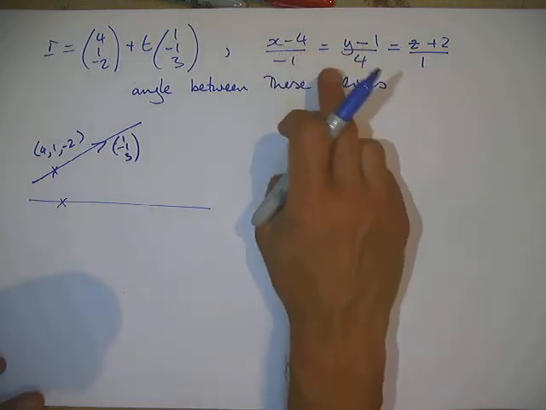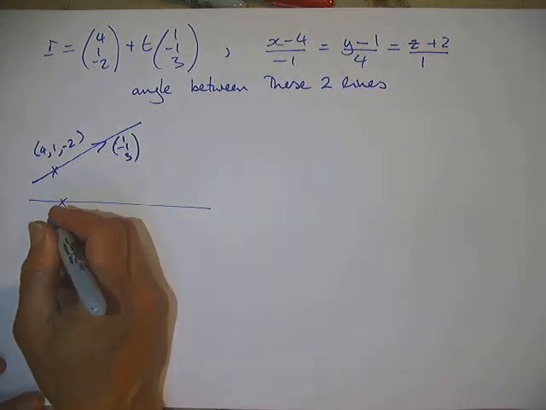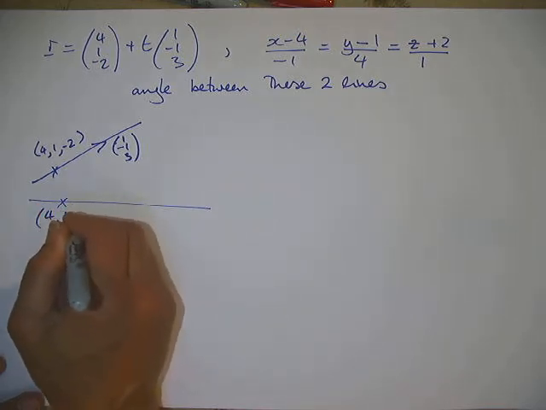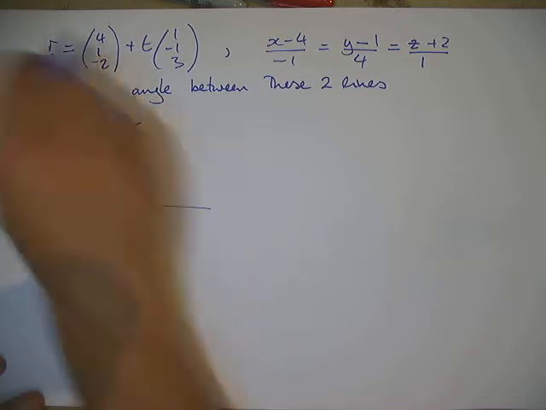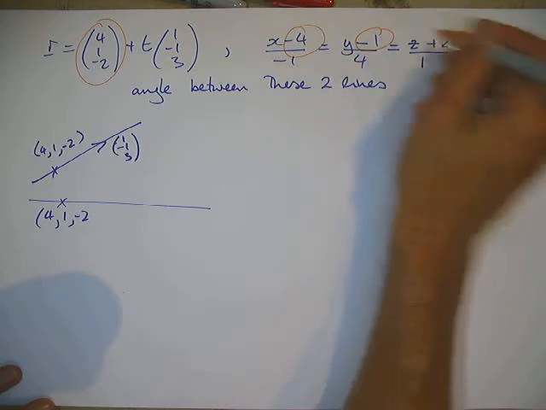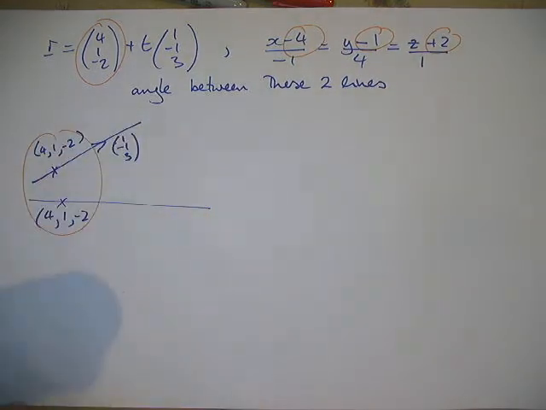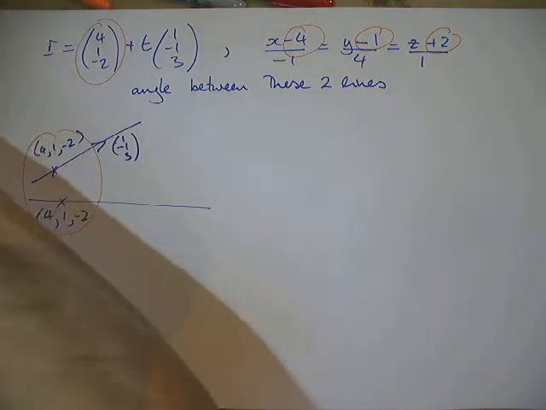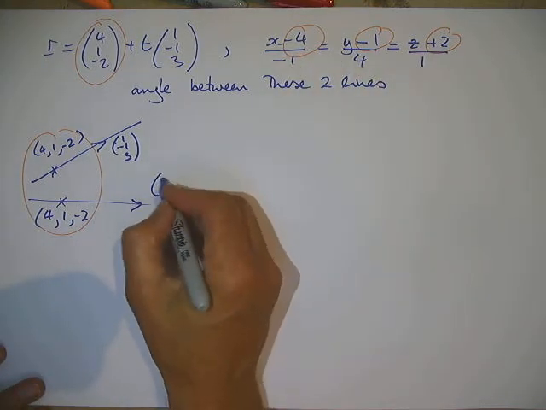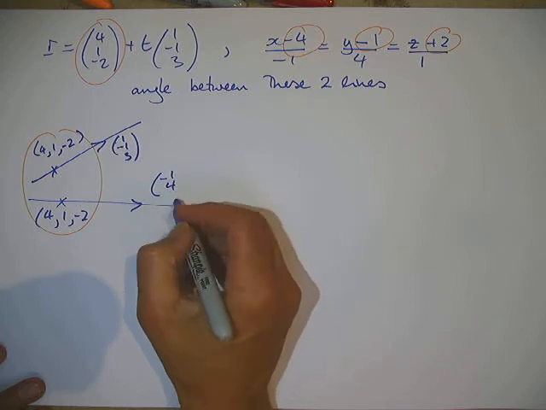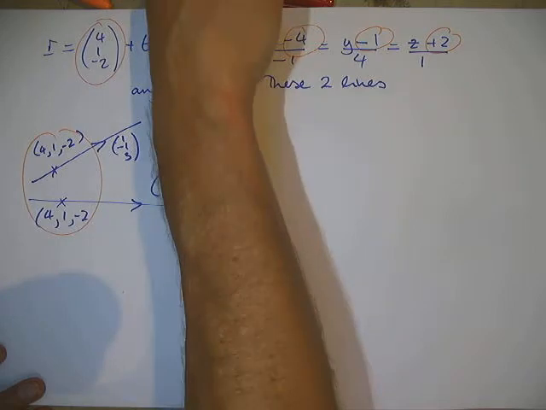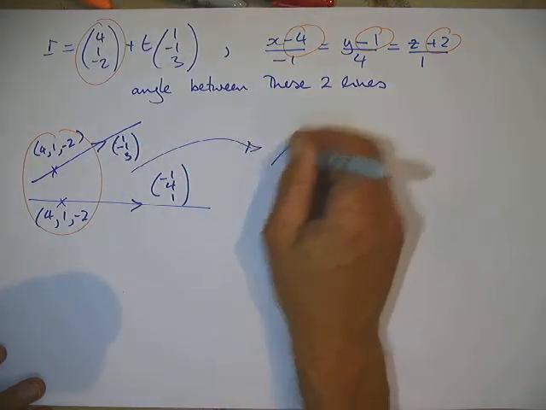The second line goes through (4, 1, -2). Of course they intersect. Look, that and those match. So of course they intersect at that point there. And this one's got a direction of (-1, 4, 1). Let's turn that into a better diagram.